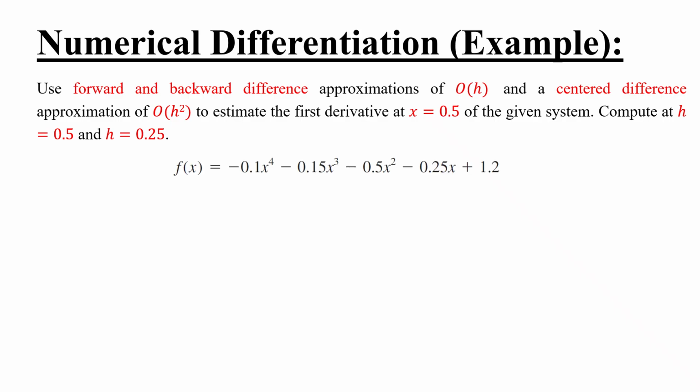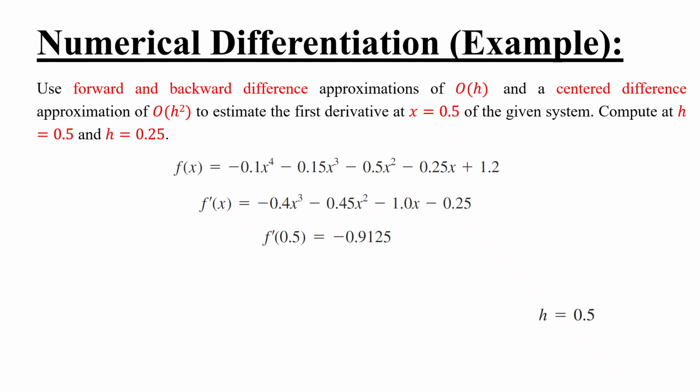Now this is our function. For comparison, we want to know the exact value. Because this is an analytical function, we can easily find the exact derivative. So we take the derivative and evaluate it at 0.5 to get the true value, which is minus 0.9125.